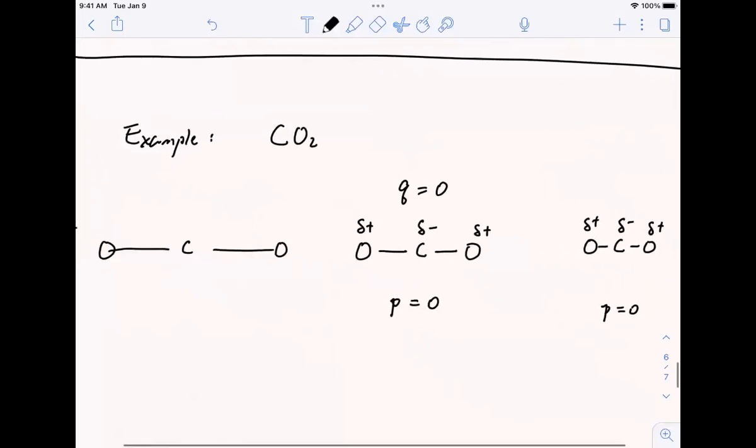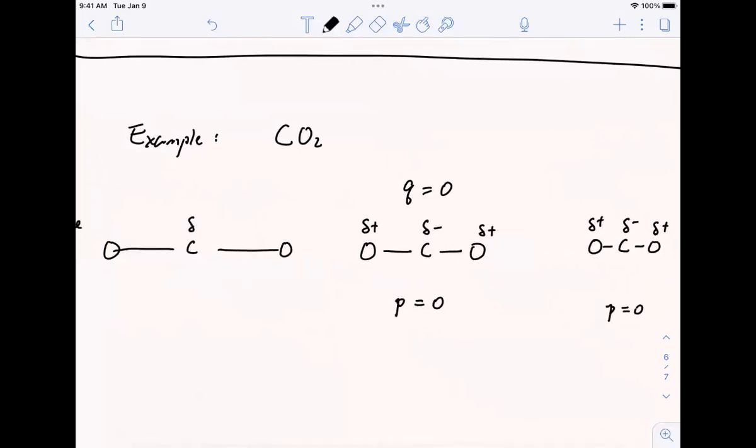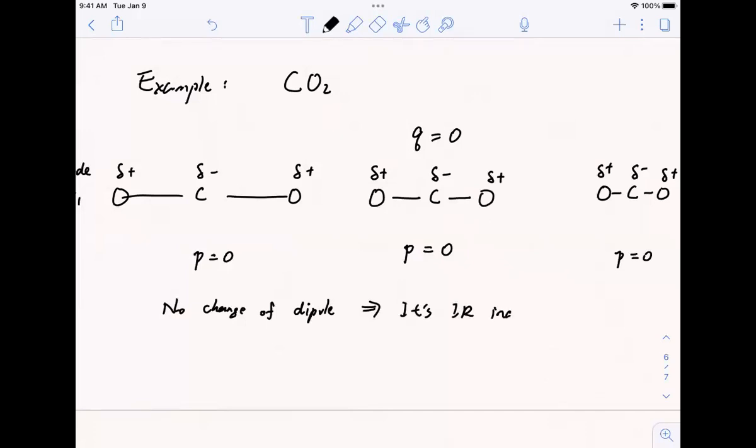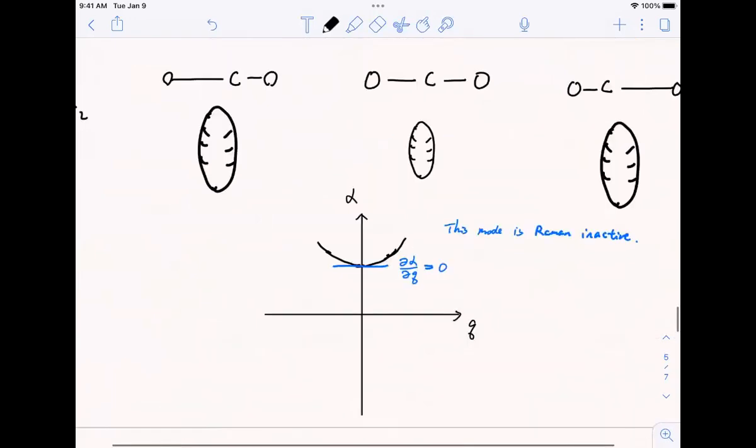Here you have delta minus, delta plus, delta plus. So this P is also 0. Okay, so there's no dipole oscillation. No change of dipole. Okay, that means it is infrared inactive.